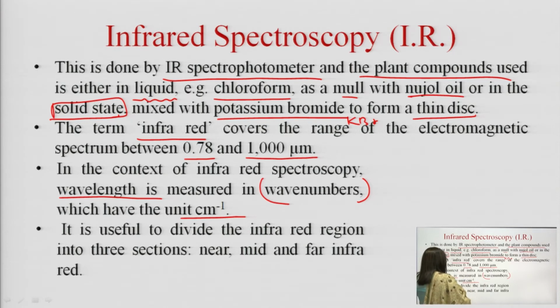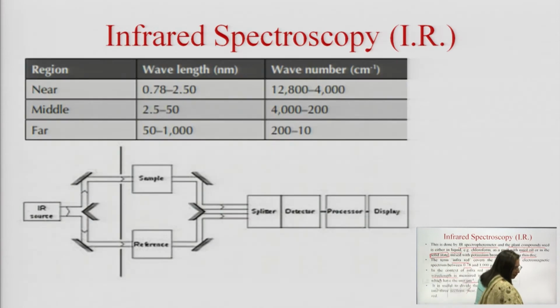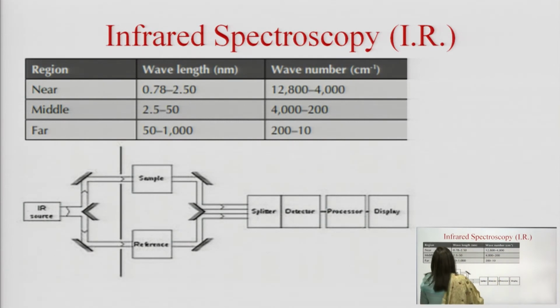It is useful to divide the infrared region into 3 sections: near, mid and far infrared. So, near infrared has the wavelength from 0.78 to 2.50, then mid IR is from 2.5 to 50, while far is from 50 to 1000.